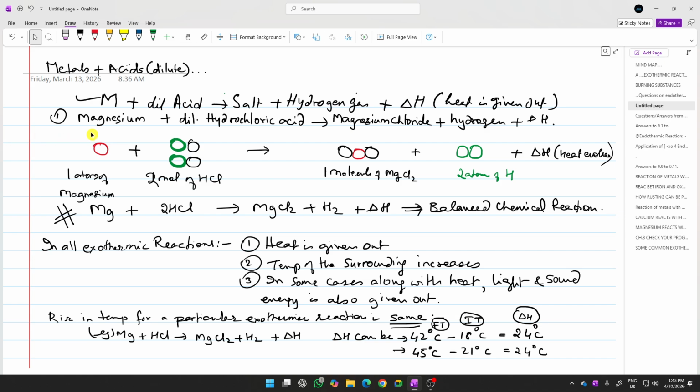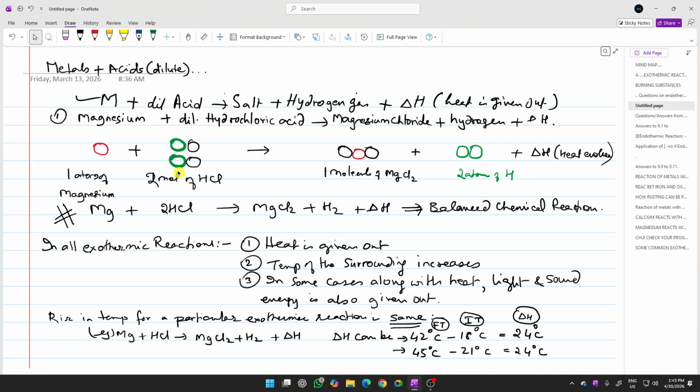Now if I want to show this particular chemical reaction in word form, this is the word chemical equation: magnesium plus dilute hydrochloric acid giving you magnesium chloride and hydrogen, plus delta H. Now, if you want to show it symbolically, you can show one atom of magnesium by this red circle, and these two green circles show hydrogen atoms, and these two black circles show chlorine atoms.